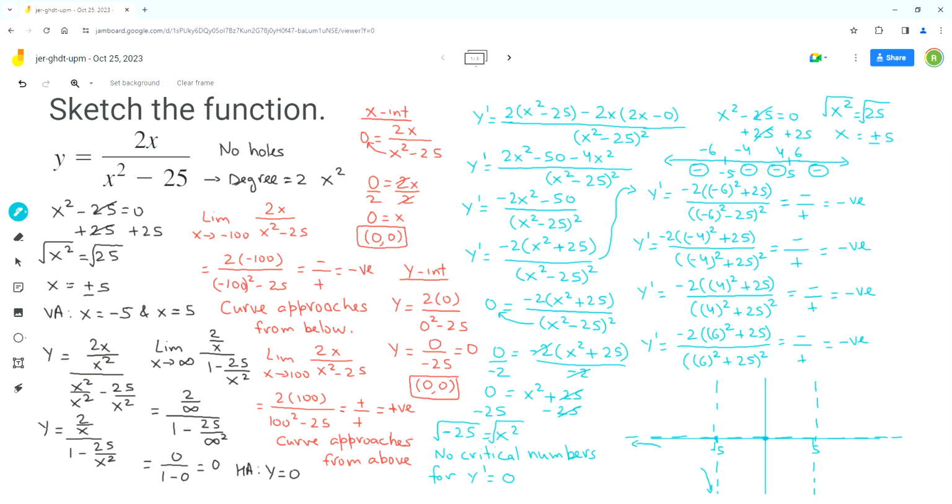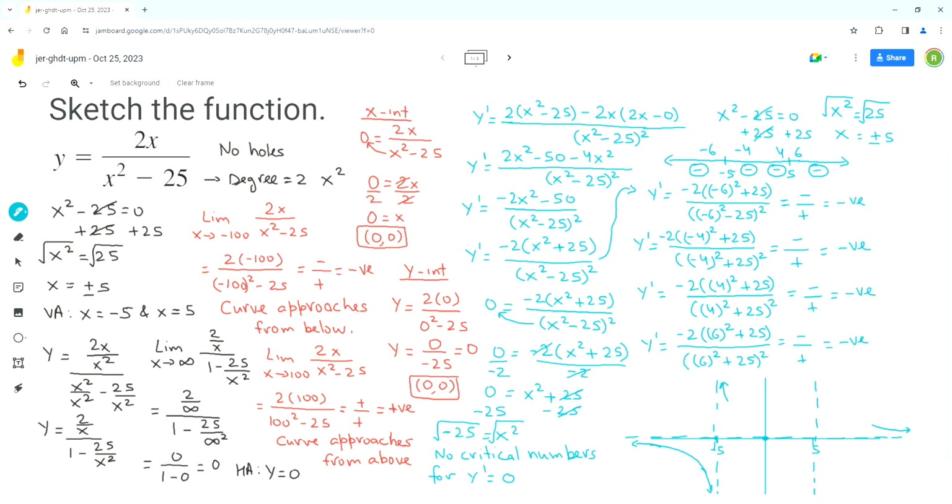And on the right side, the curve approaches from above, so like this. So on the left side, the curve will look something like this. Now on the right side of the vertical asymptote x equals -5, the function is decreasing, so the behavior around the vertical asymptote will be like this.